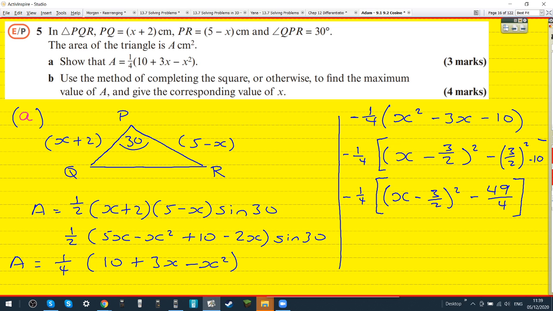And so expand the square brackets with minus a quarter. Is it you multiply x and minus 49 over 4 by minus a quarter? Yep. So multiply the bracket, multiply the 49 over 4. Okay. So would it be minus a quarter x?